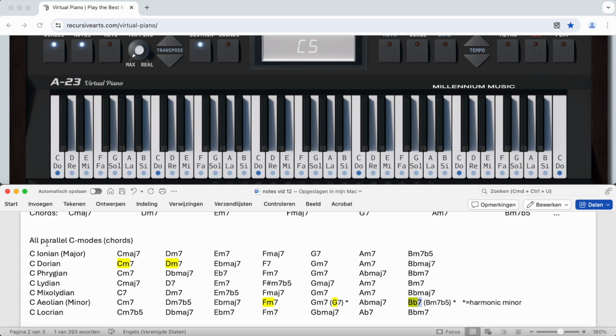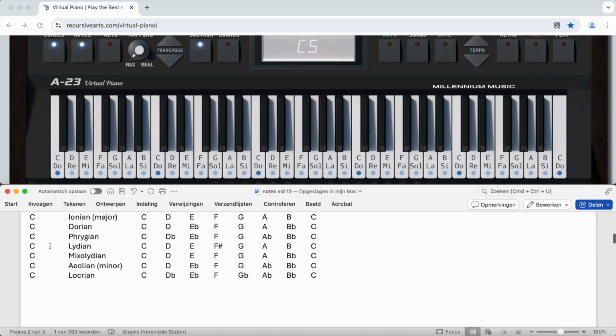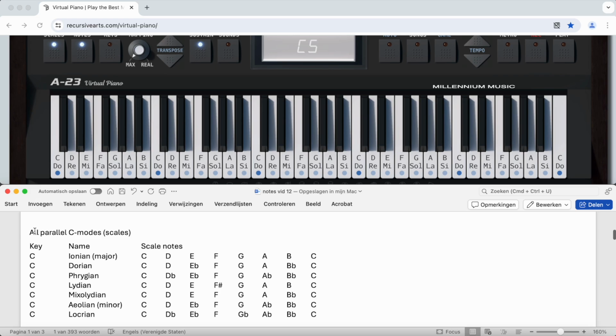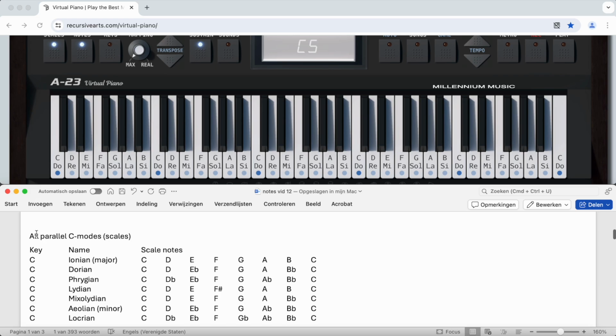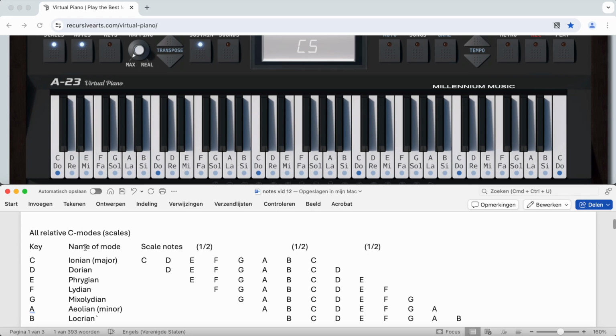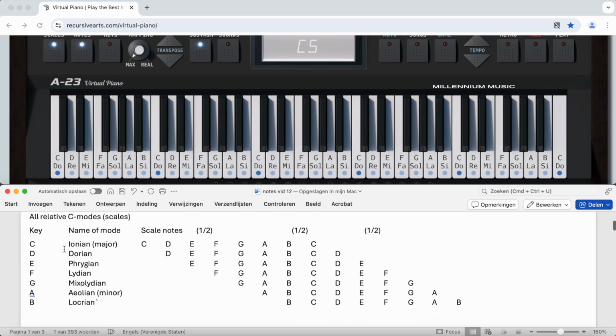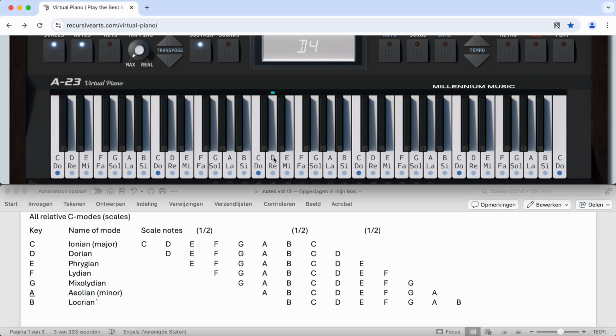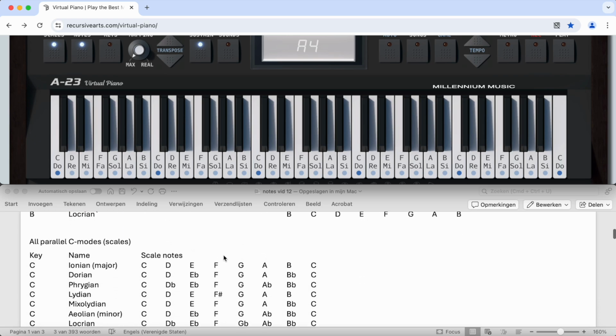So that's why we put all those chords, instead of putting them in a relative state towards each other. You cannot switch from D Dorian to A Aeolian, because you're singing in D Dorian towards the D, and in A minor you're singing towards the A. It would be very hard to switch from singing towards the D to switching towards singing toward the A. You could, but it's hard.